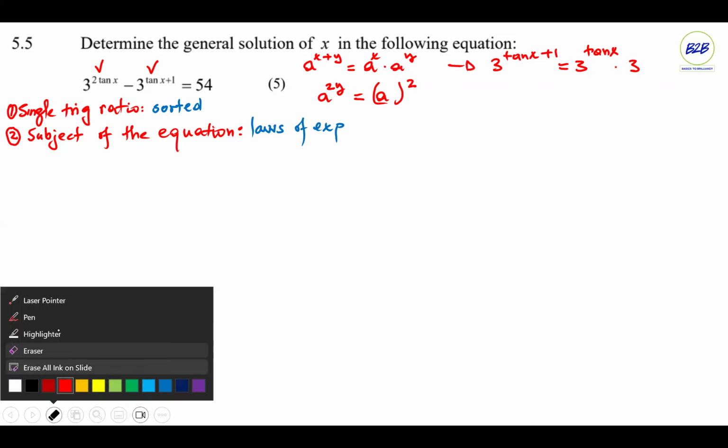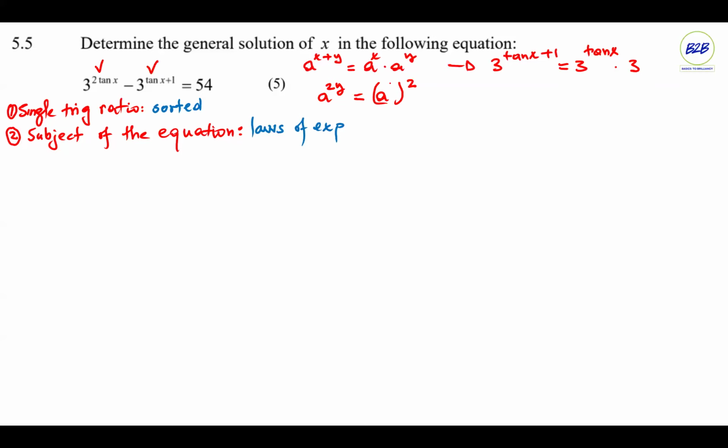A to the power 2y can be rewritten as a to the power y, separating those with brackets, taking out 2 as an exponent outside those brackets.